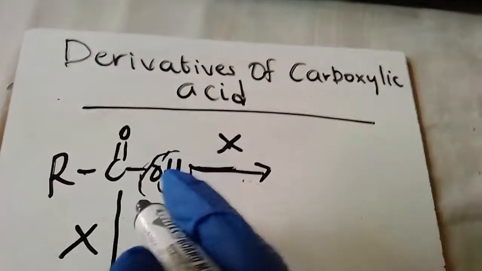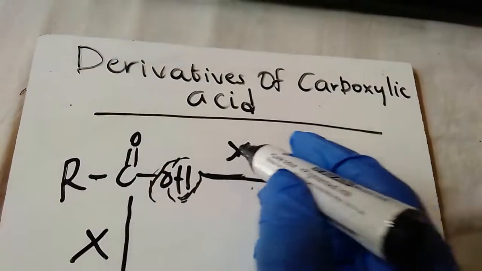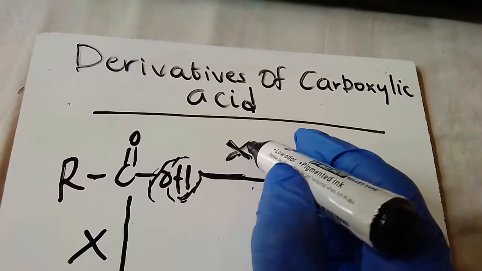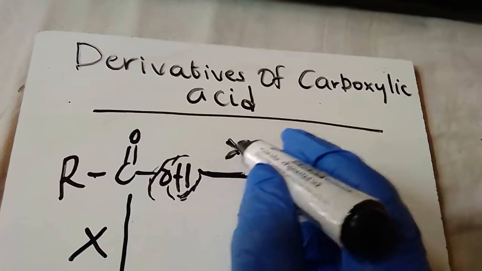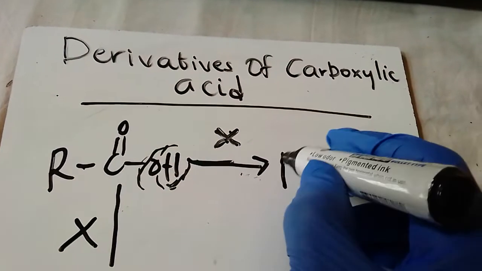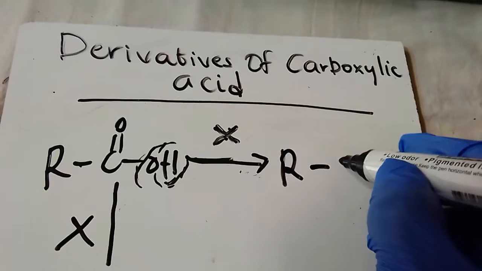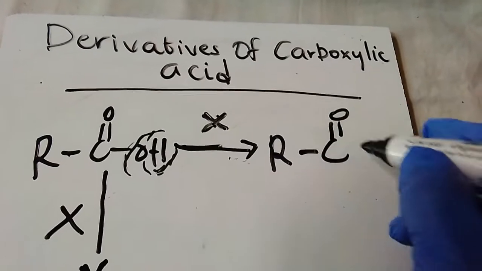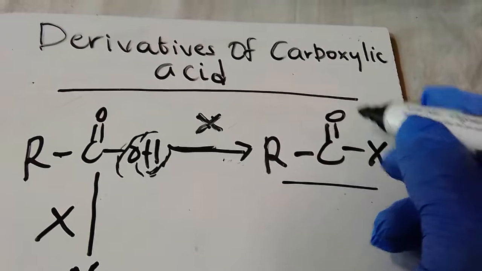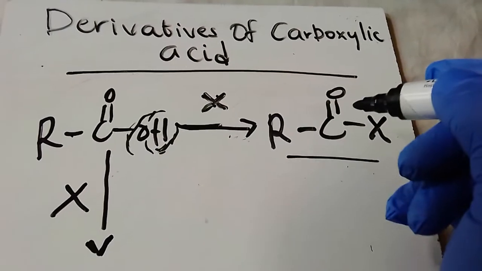So for example, in this case, let's assume this X is an atom. When this X replaces the whole of this hydroxyl group to produce this compound, this compound then becomes a derivative of carboxylic acid.